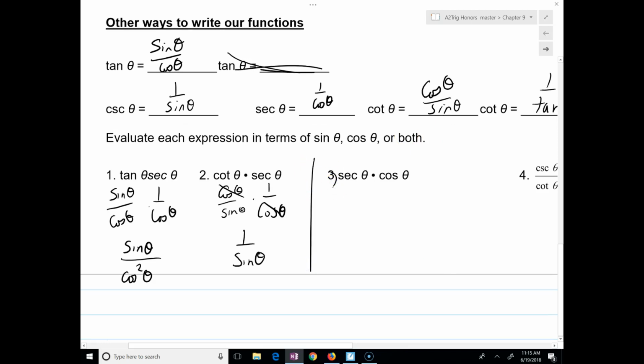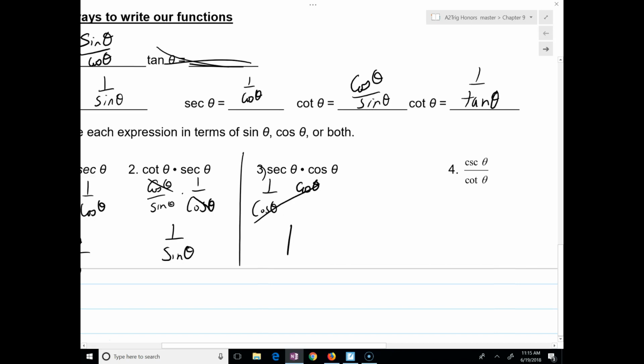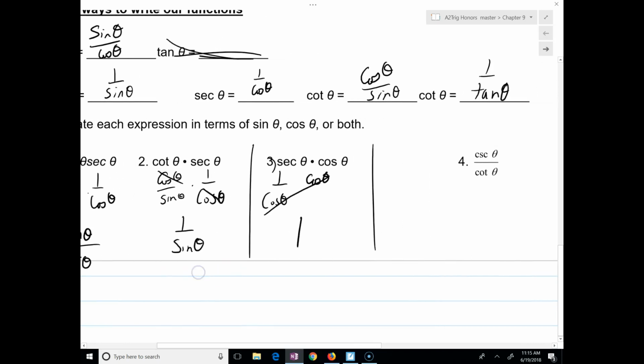Number 3, the secant of theta, I only have one choice, it's 1 over cosine of theta times the cosine of theta. And by the way, it's on the top because it's not reciprocated. Bam! That is 1. And then the last one I have, which is cosecant over cotangent. Well, cosecant is 1 over sine.